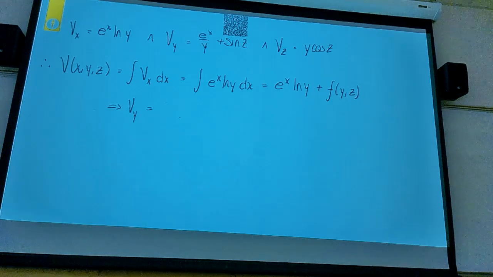You get what? E to the x over y, right? Plus the partial of f with respect to y. I'm going to specify that's strictly a function of y and z. But doesn't that have to equal e to the x over y plus sine z?